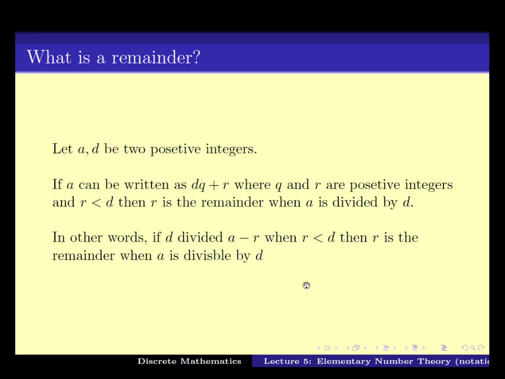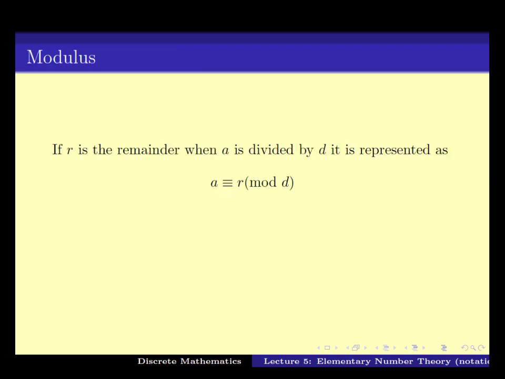Here is another way of writing the remainder. If d divides a minus r, where r is a positive integer less than d, then r is the remainder when a is divided by d. Now, to represent this notion that when a is divided by d, the remainder is r, we use the following notation: a is congruent to r mod d.